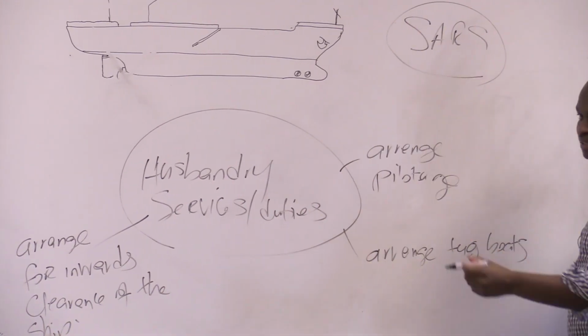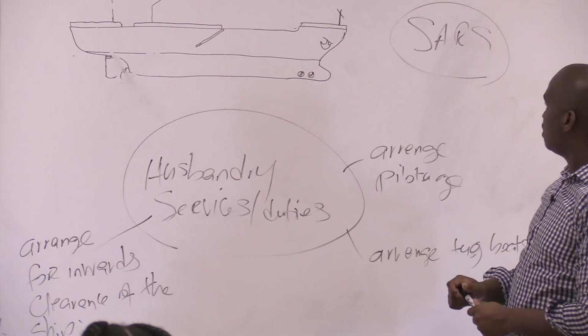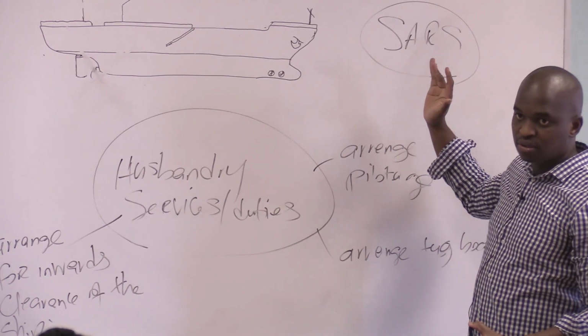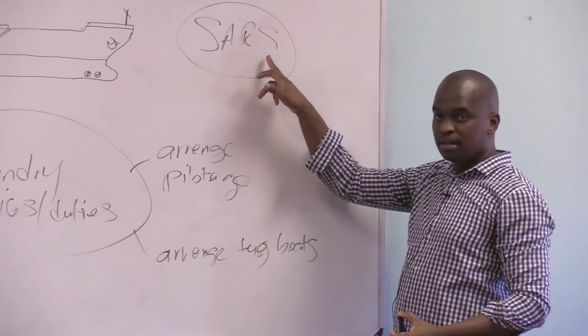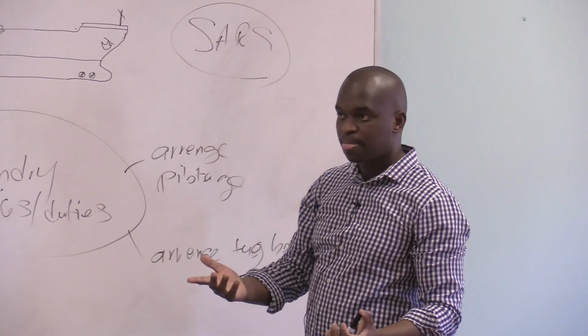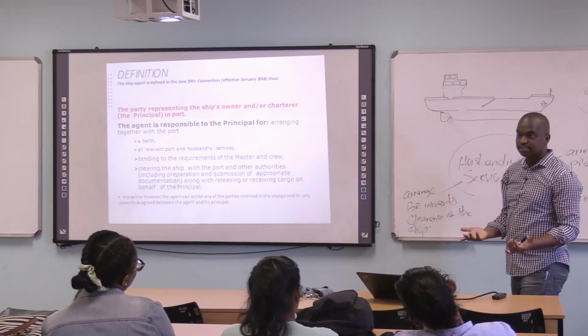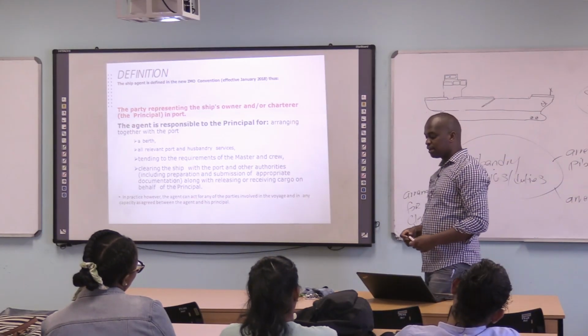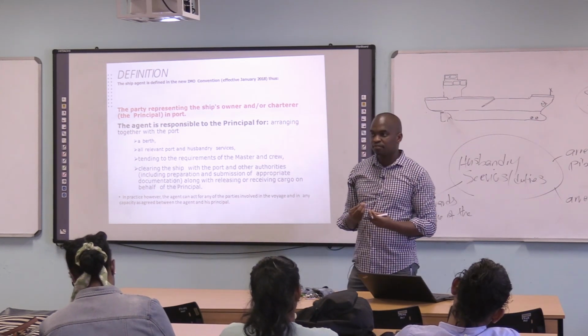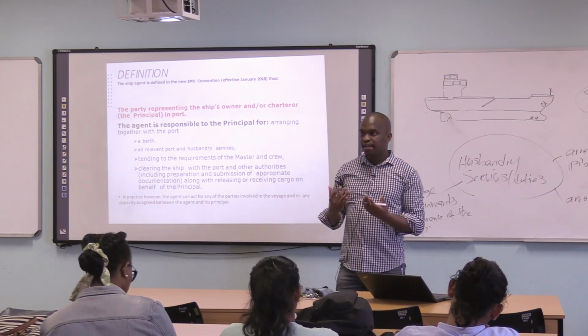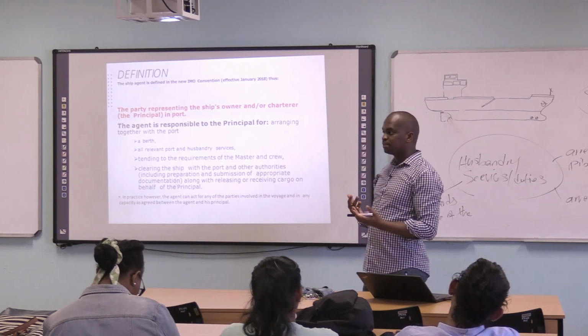Okay, so you guys know what SARS stands for. It's an acronym for South African Revenue Services. They collect tax. Every cargo that comes to the South African shores has to be taxed.